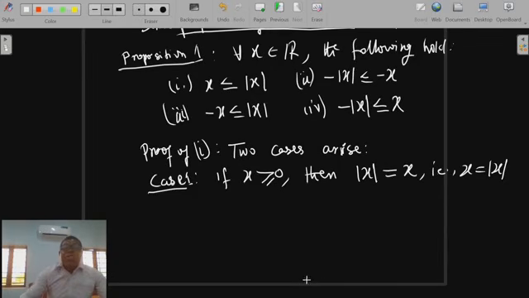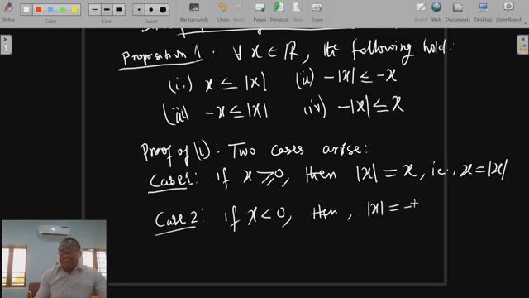Then case 2 is the case where we assume that x is less than 0. Here, if this is the case, then absolute value of x is equal to minus x. And we note that x less than 0 implies minus x is greater than 0, or 0 is less than minus x.